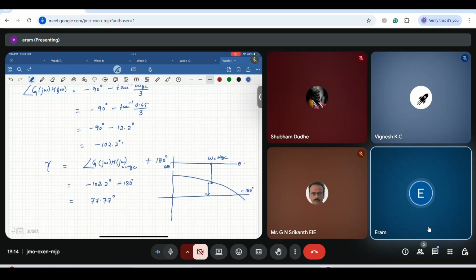This is your 0 dB line, and at this frequency you have calculated the phase. This phase you are getting was minus 102.2 degrees. So 77.77 degrees you are far away from minus 180 degrees. So that's what your phase margin means.